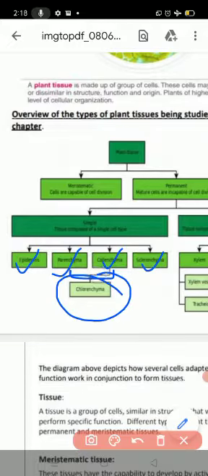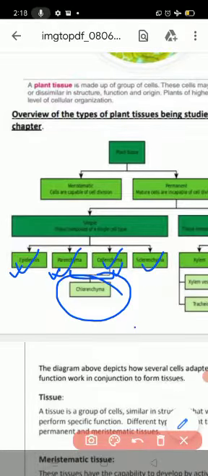Simple tissue is made of a single cell type. It is divided into four categories: epidermis, parenchyma, collenchyma, sclerenchyma.